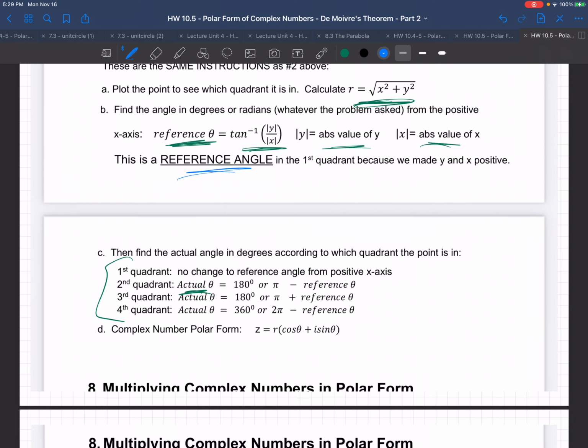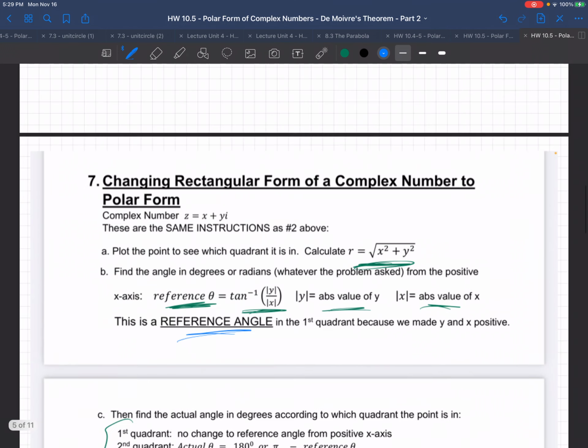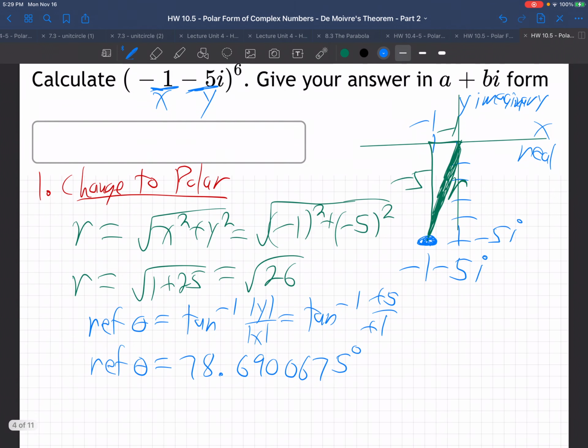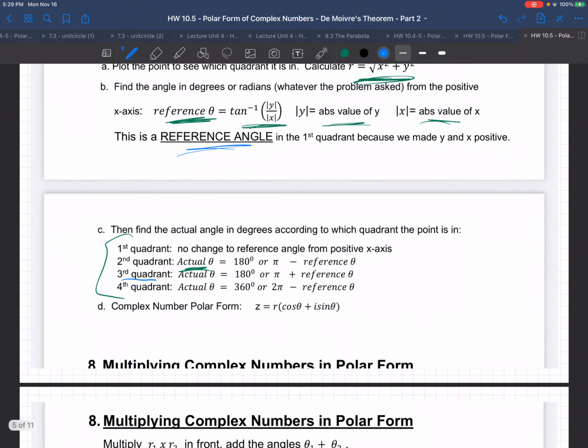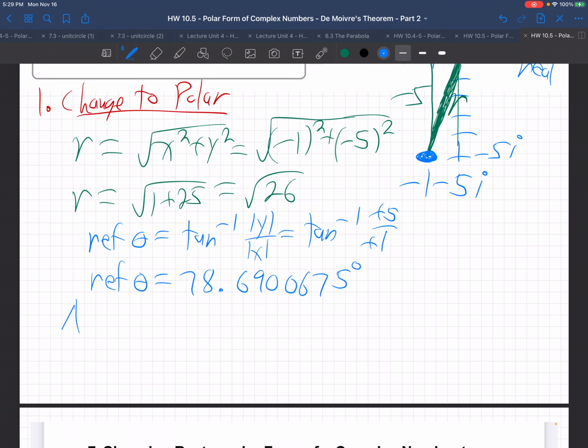To find the actual angle, you got to realize your quadrant and then use these formulas. What quadrant are we in here? That's why we graphed it in the beginning. Third quadrant. So in quadrant 3, the actual angle is 180 or pi, depending on whether you're in degrees or radians, plus the reference angle.